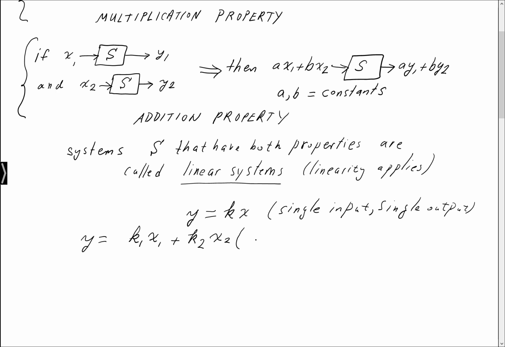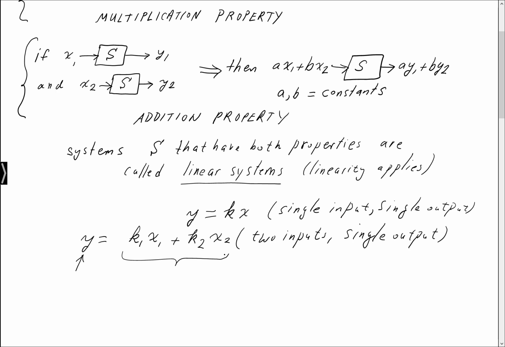This would be a two inputs, single output system. The point is that the output, which we're writing as y in this case, can be written as a linear combination, which means scaled versions of the inputs. That's what it really says.